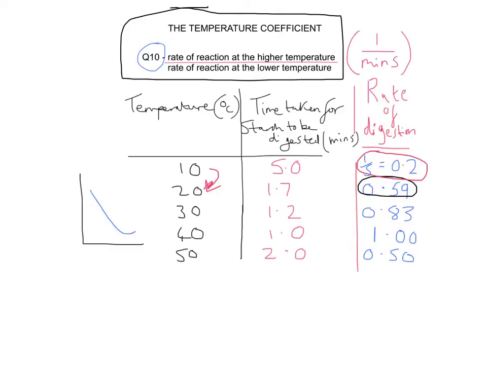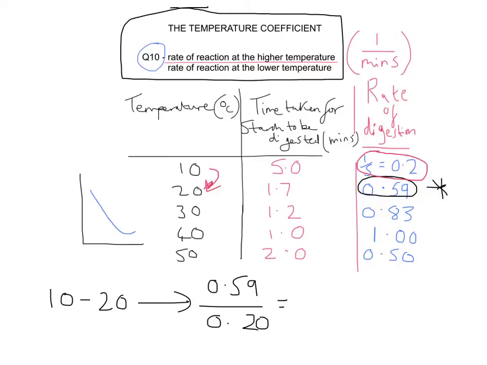So for 10 to 20, the rate at the higher temperature, which is 20, is 0.59. Divide that by 0.2, the rate of reaction at the lower temperature, and what you get is a value of approximately 2.95.